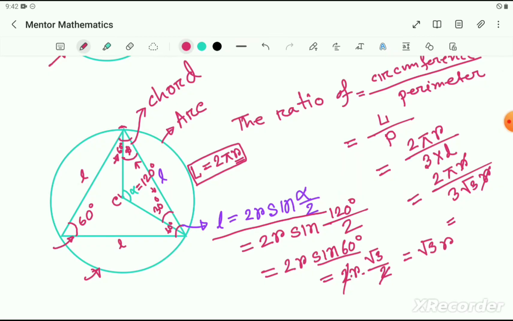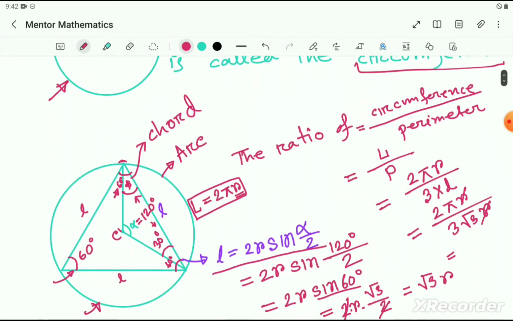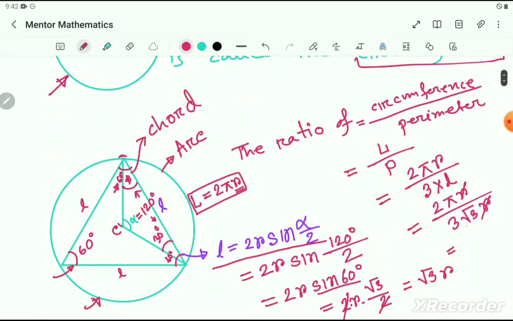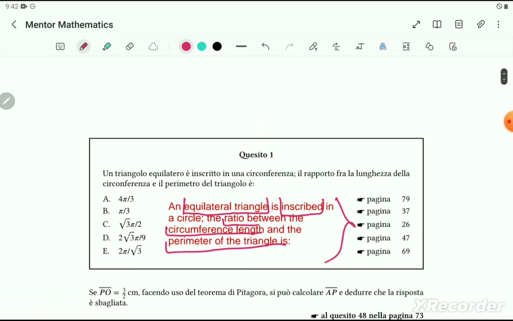We have to modify it somehow. I'm writing it here: 2 pi over 3 root 3. This is the value that we have just calculated. Now we have to find the answer.